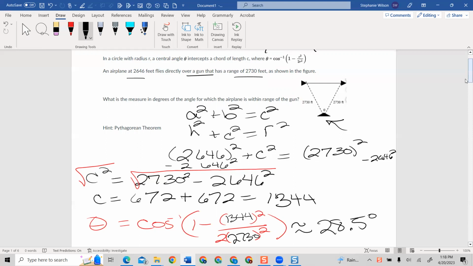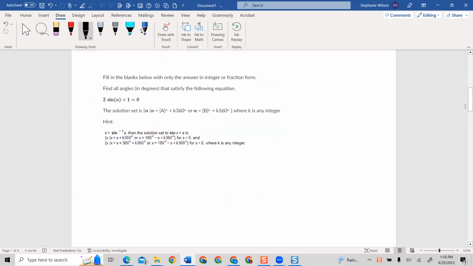Now let's go to our next example. Our next example says that we have to find the angles in degrees that satisfy the following. So you're given this, and you're asked to fill in the blanks here. We know this information here is given to us. This is something that we know from our solutions.